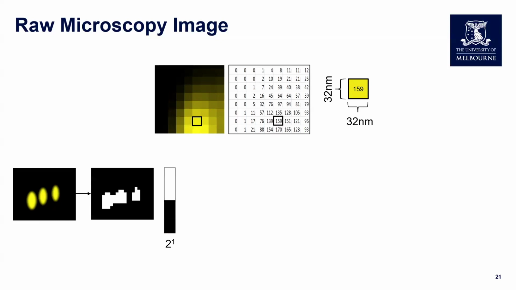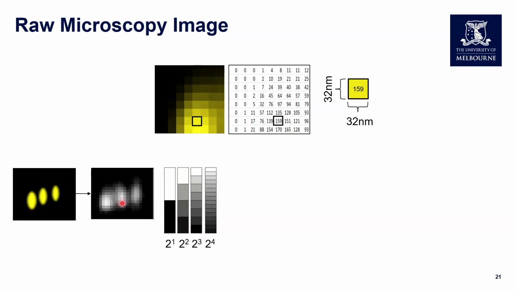This can be converted simply as 0 and 1 in a 1 bit depth image, or 4 gradient steps in a 2 bit depth image, or 8 steps in 3 bits, or 16 steps in 4 bit depth. And at 8 bit depth, the signal can be addressed in 256 steps, and this gives a smooth enough gradient for the human eye, and that's why many microscope images are saved in 8-bit formats.